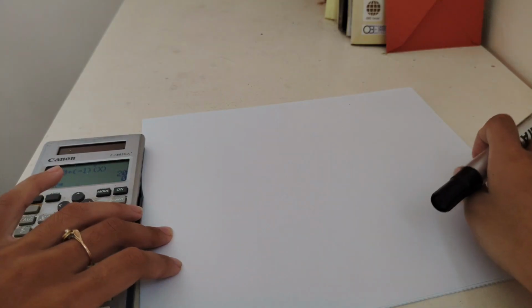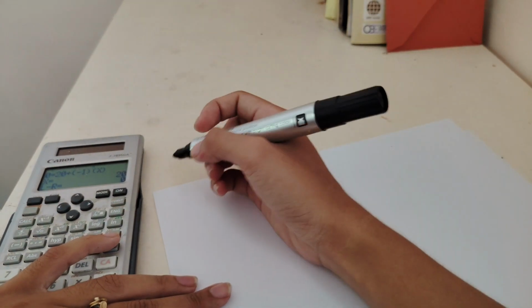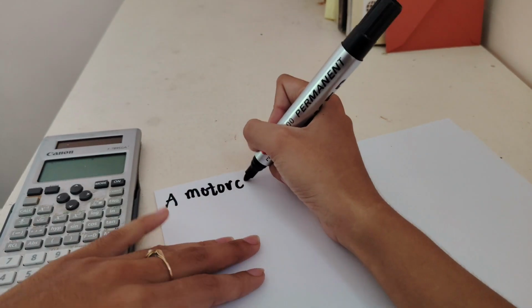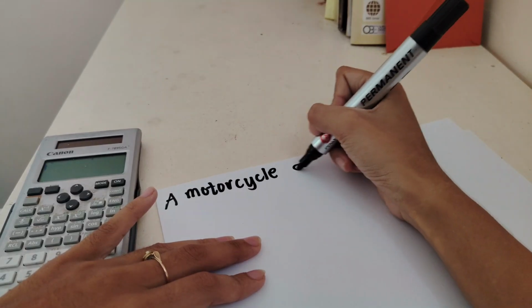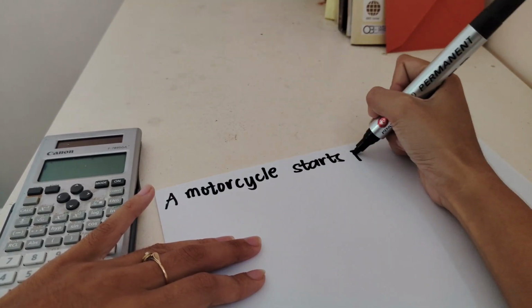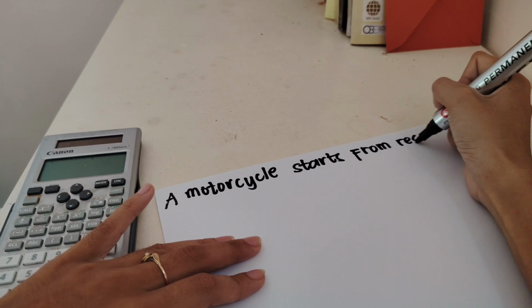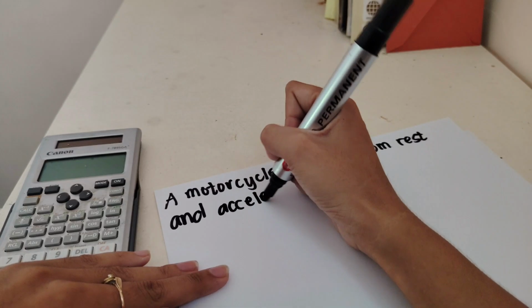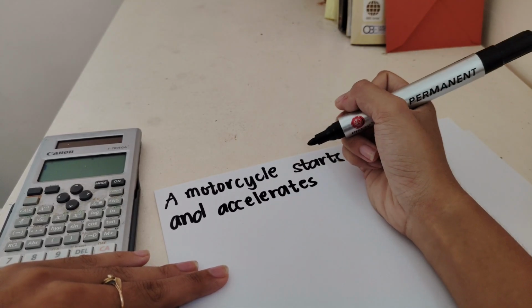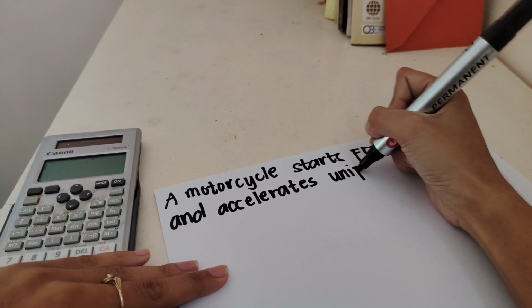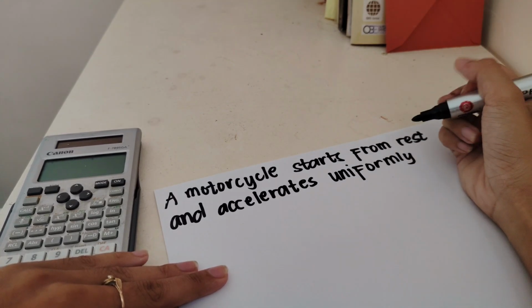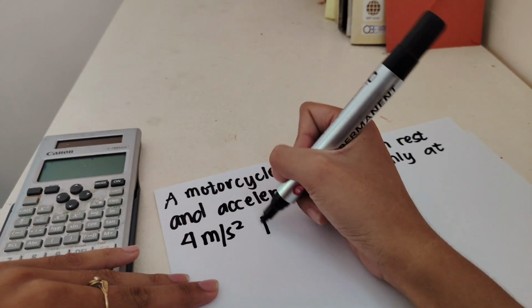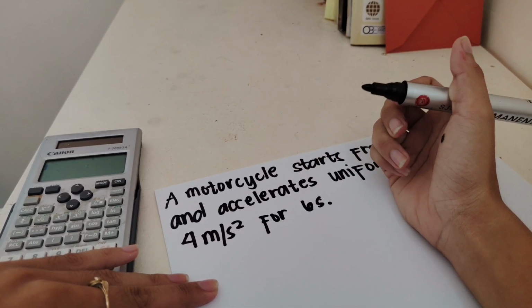So next problem. A motorcycle starts from rest and accelerates uniformly at 4 meter per second squared for 6 seconds.